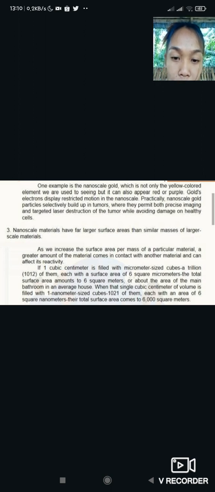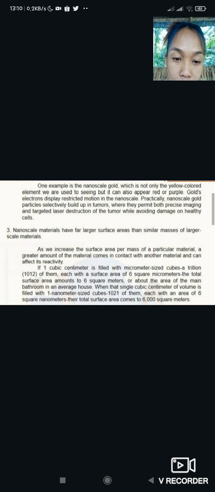If 1 cubic centimeter is filled with micrometer size cubes, a trillion of them, each with a surface area of 6 square micrometers, the total surface area amounts to 6 square meters, or about the area of the main bathroom in an average house.